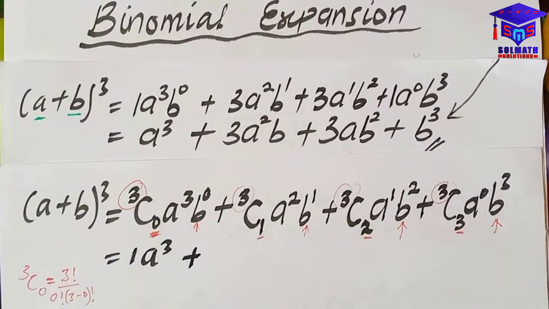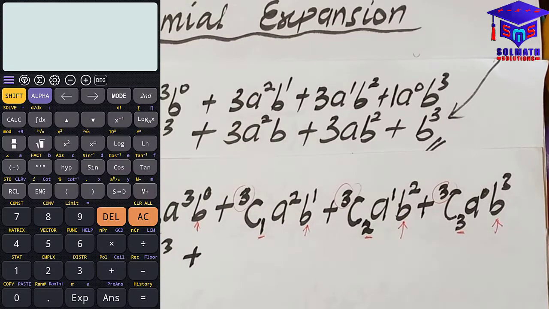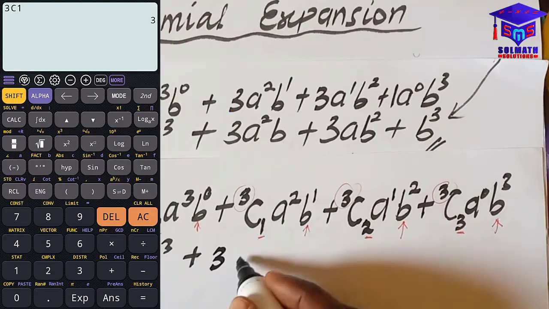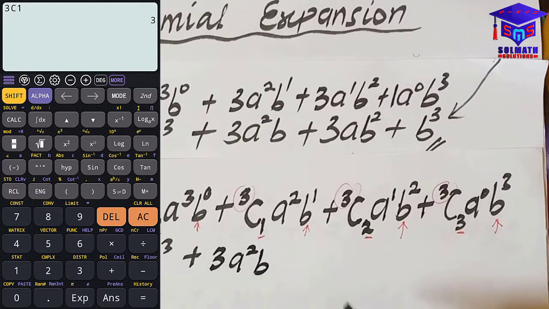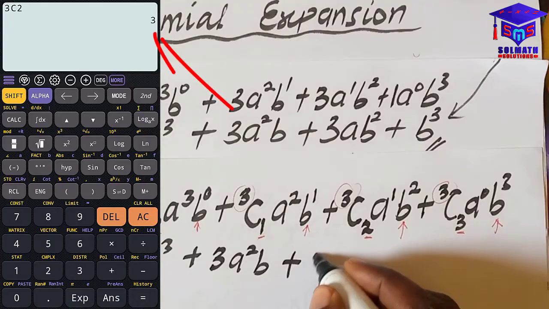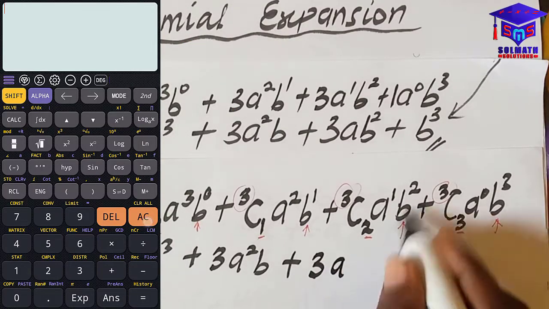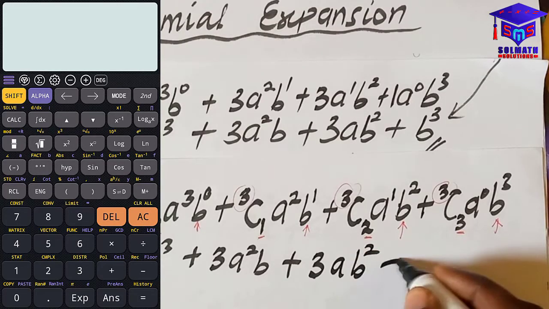Plus, when you come here, 3 combination 1. Actually, you can do this on your calculator, which is pretty fast. You just punch 3, then shift combination 1, then equal to, and you get 3 a to the power 2 b. Plus, on your calculator, 3 shift combination 2, then equal to, you get 3 a b squared.